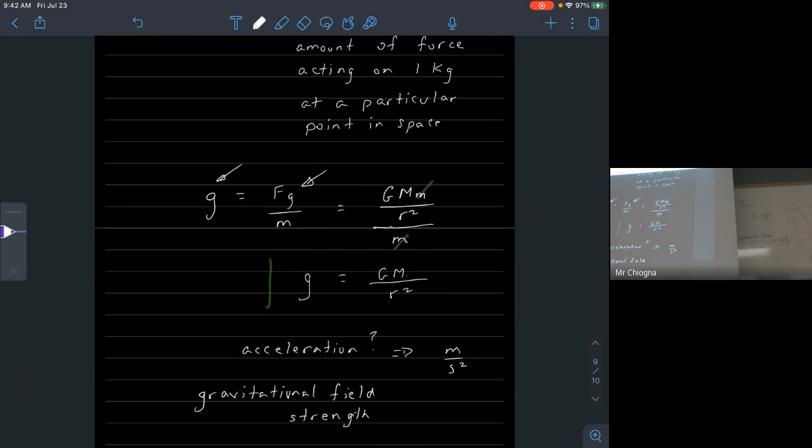It's the same thing, same value. The only thing that changes is a different unit. It's expressed in terms of the amount of force acting on a kilogram. So the unit's newtons per kilogram. Same number. Yes, it is a vector. It's pointed towards the Earth.